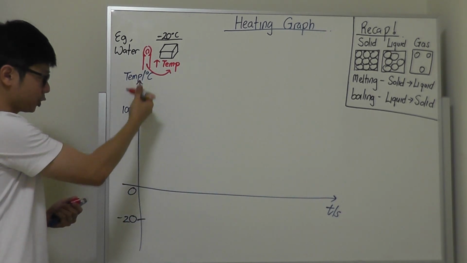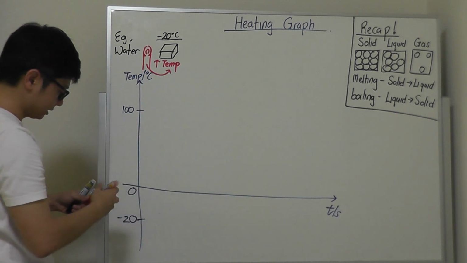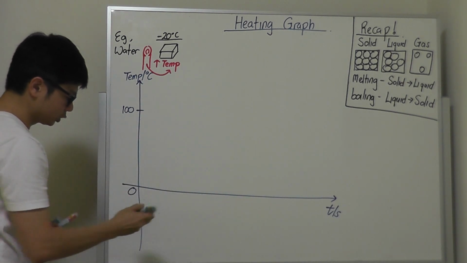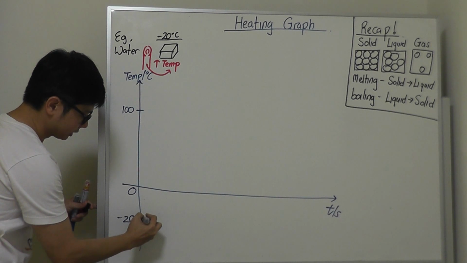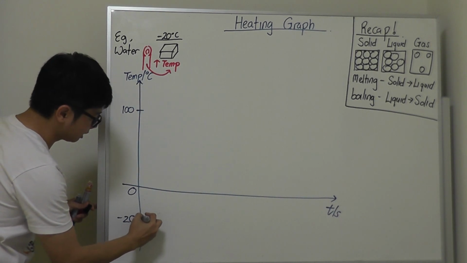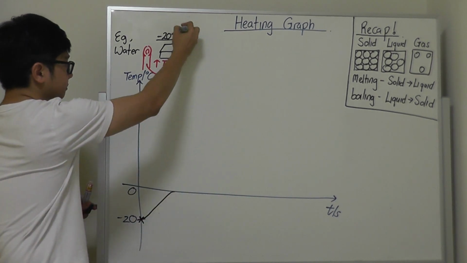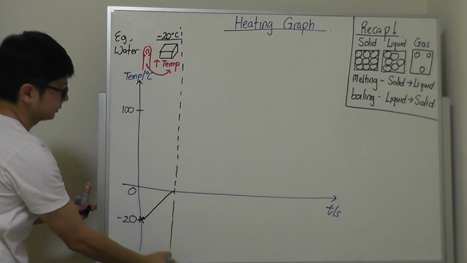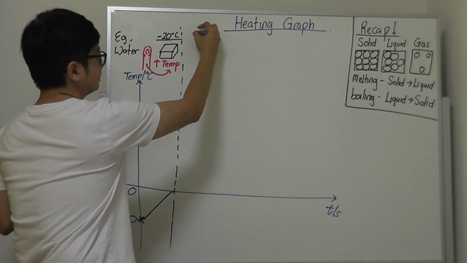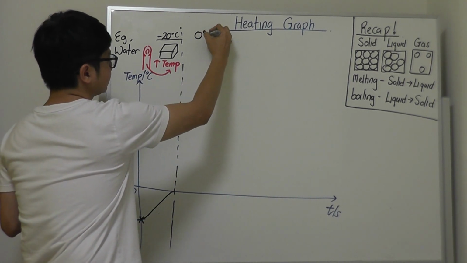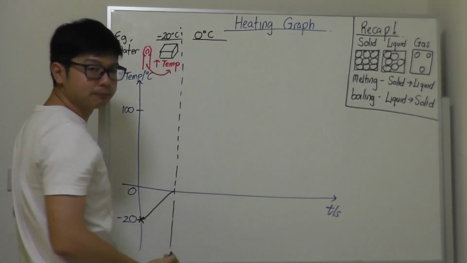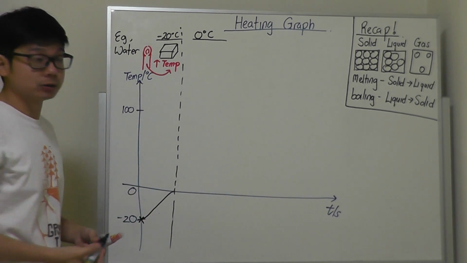So on the temperature time graph, we start at minus 20 degrees Celsius. So the temperature is going to rise up to 0 degrees Celsius. So now, at 0 degrees Celsius, we expect the ice cube to melt.